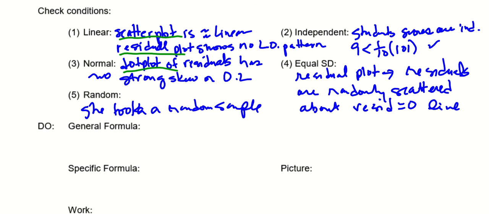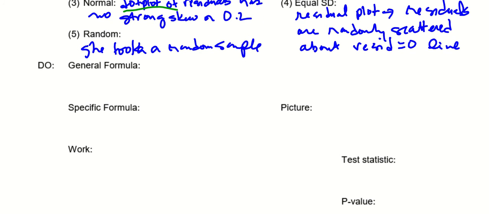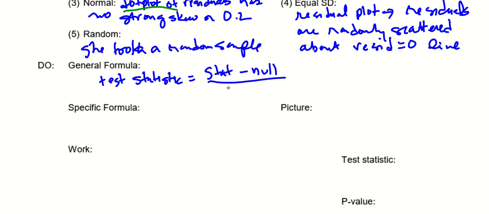We're doing a significance test, so we have to find our test statistic. Our general formula for that is that our test statistic is going to equal our statistic minus our null over our standard deviation.